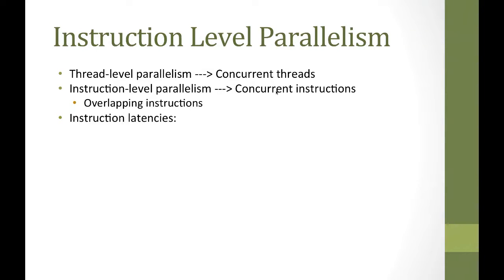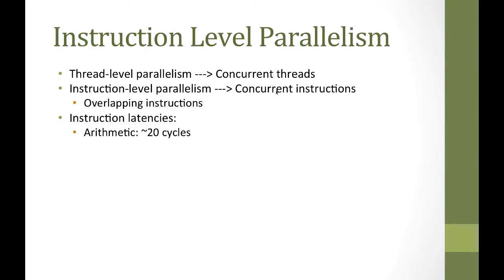The reason why we can overlap instructions is because every instruction we execute has some latency. When we issue an instruction, it will not return the result immediately. They have some latencies. For an arithmetic instruction, usually we have 20 cycles latency.